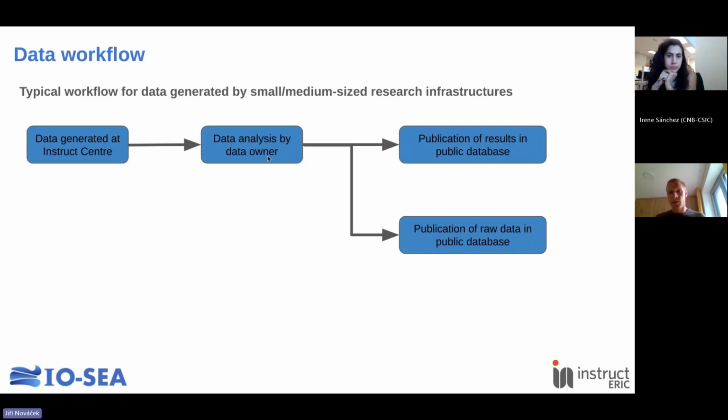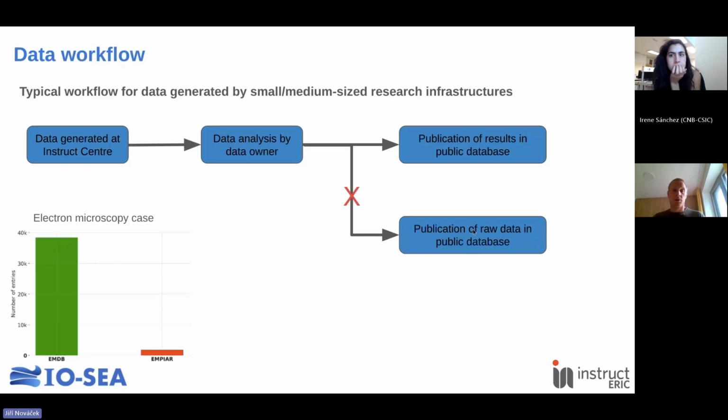Eventually, they can also publish the raw data following the publication of the results of the data analysis in the database that is focused on raw data. In the case of EM, this is EMPIAR. Yet this is not a condition that is generally requested, and since there is additional workload related to that, this does not necessarily always happen.